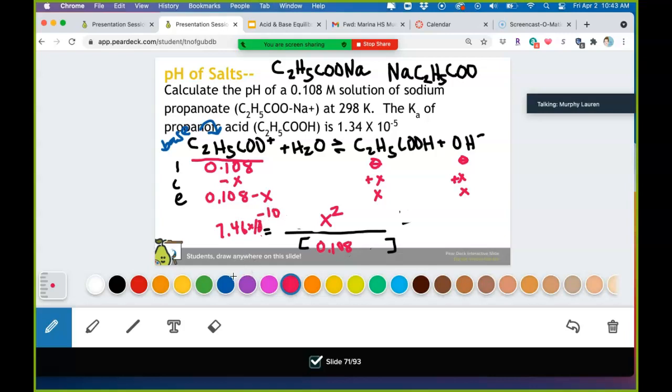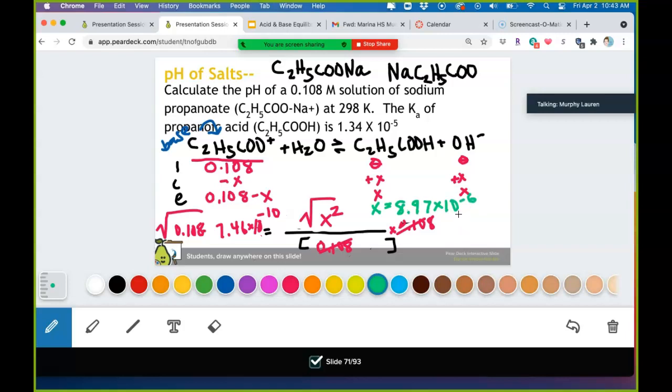So now we can solve for x. You multiply both sides by 0.108, and then, of course, you have to square root. And x ends up being 8.97 something times 10 to the negative 6.